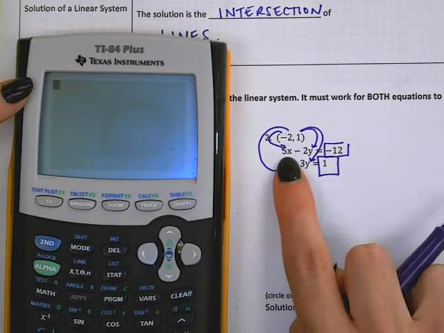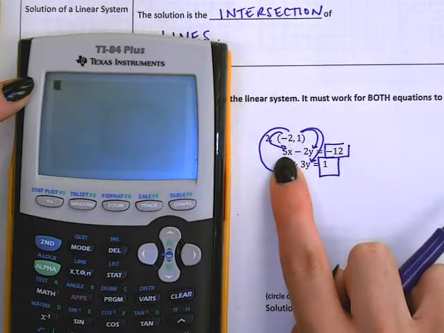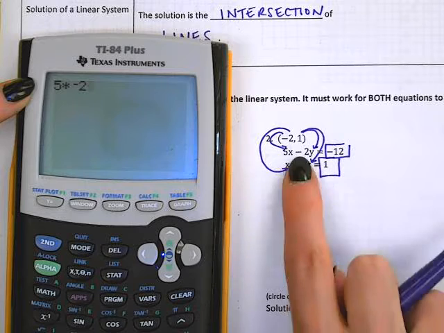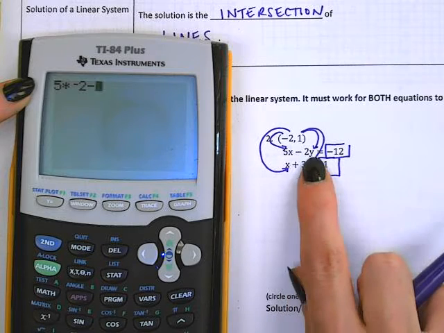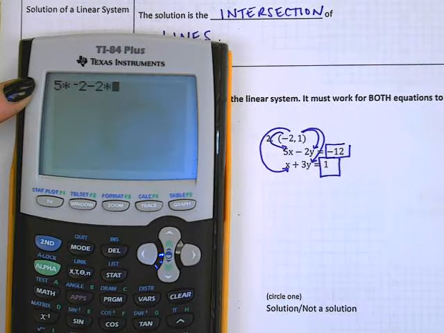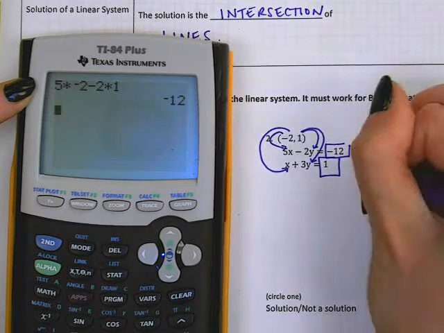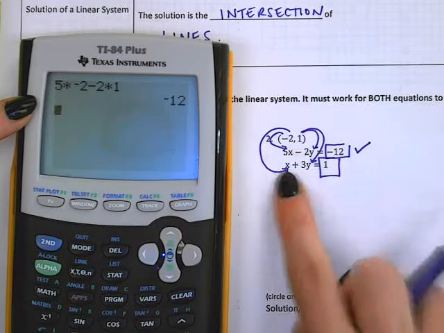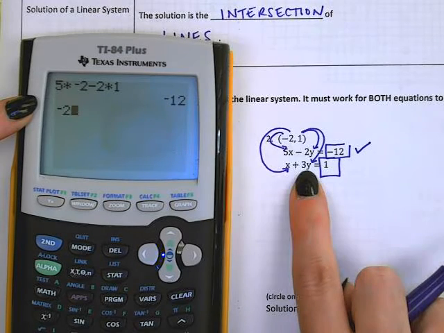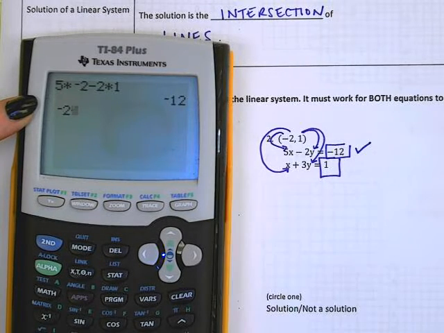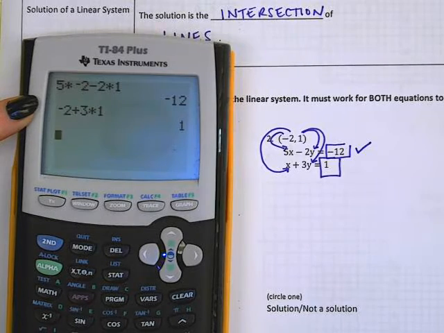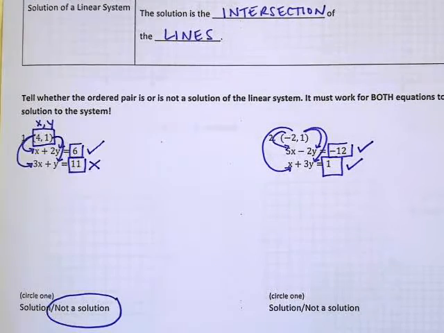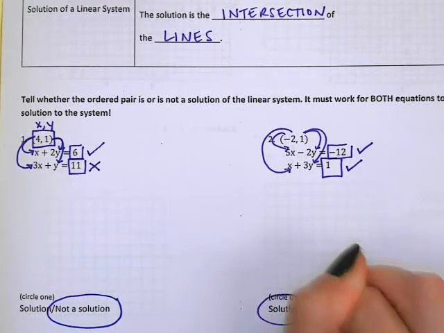We got 5 times x, so 5 times -2, minus 2 times 1, that one equals -12. So great. Now the second one. x is -2 plus 3 times 1, and that one equals, yay, 1. Because it worked for both, then it was a solution.